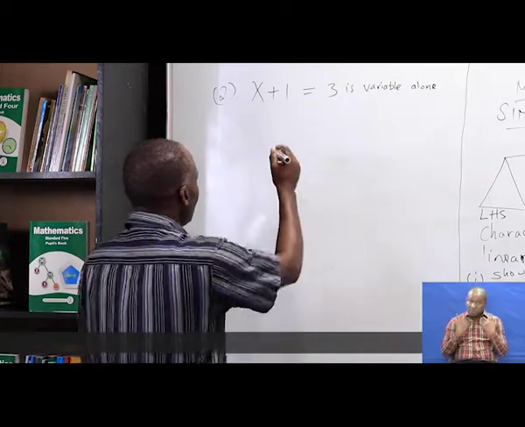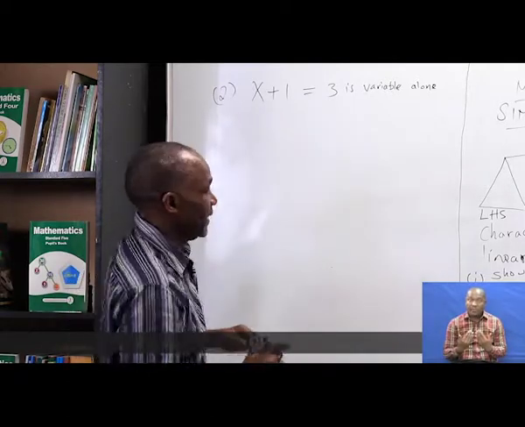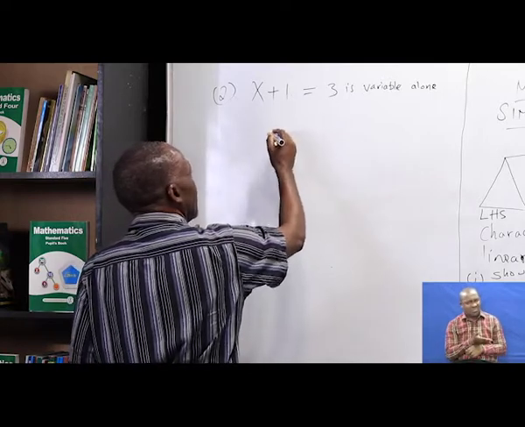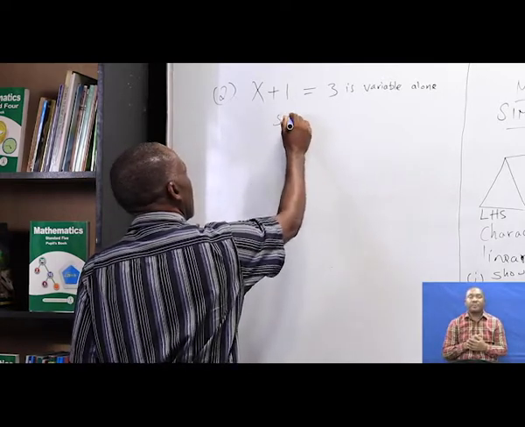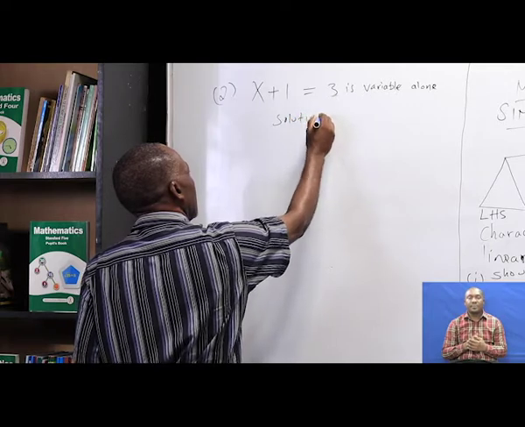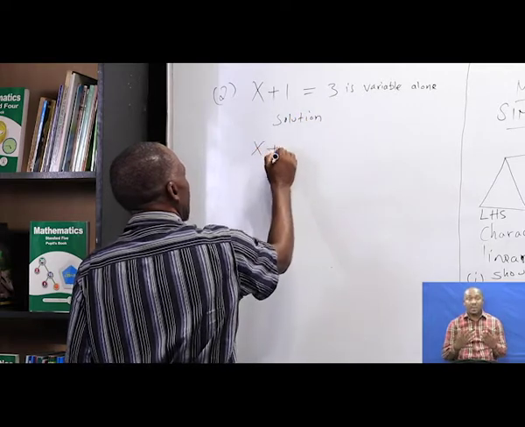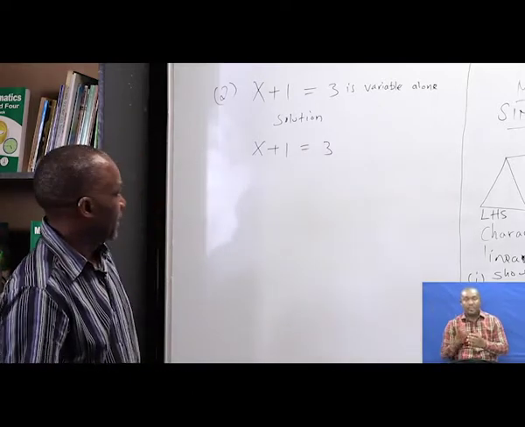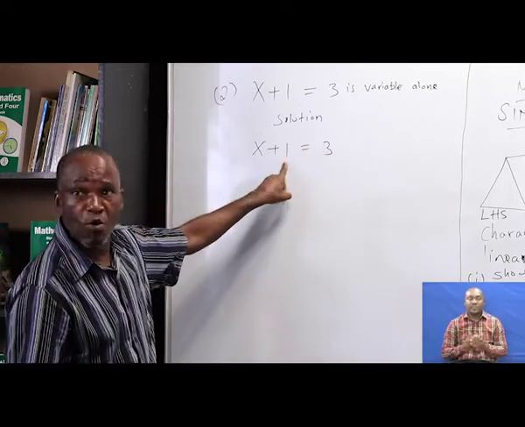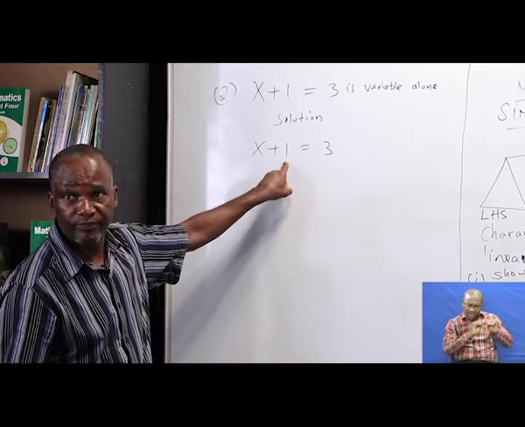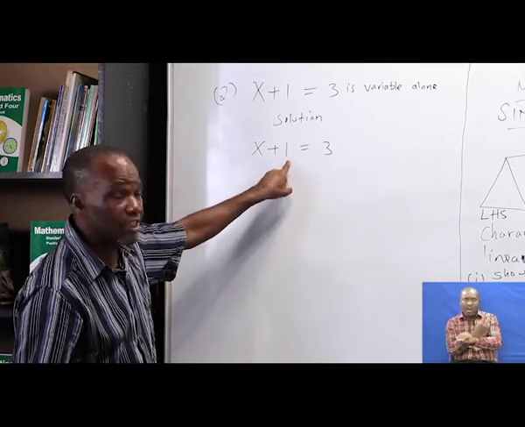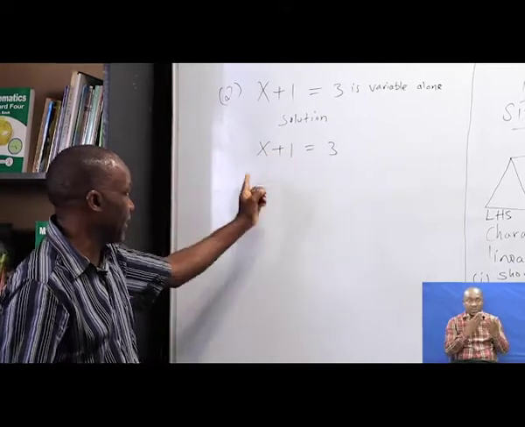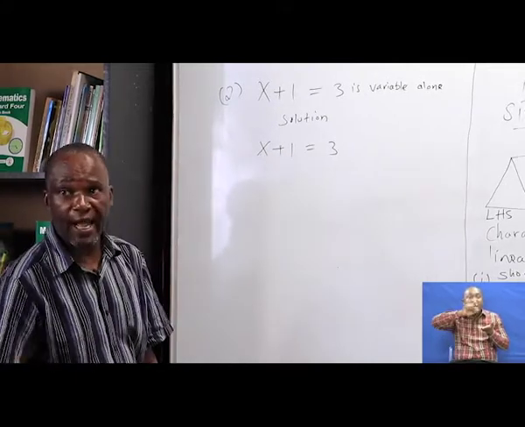So how can we do that? We take x plus 1 is equal to 3. How can we remove this 1? Because 1 is positive and it's addition, you need to subtract.